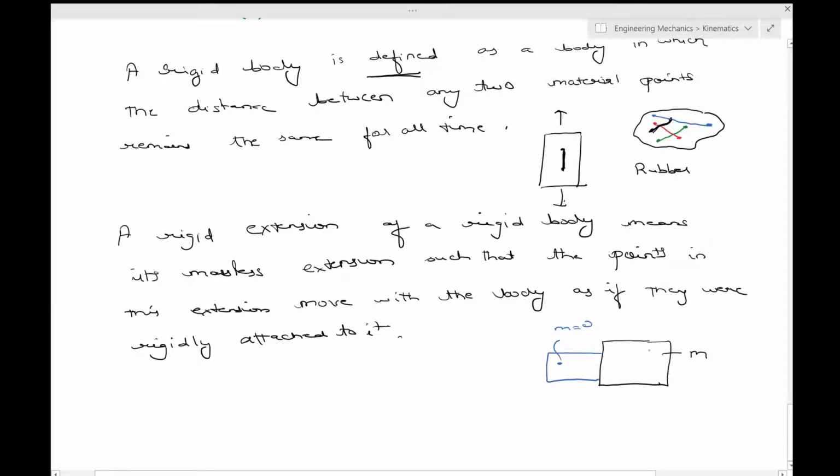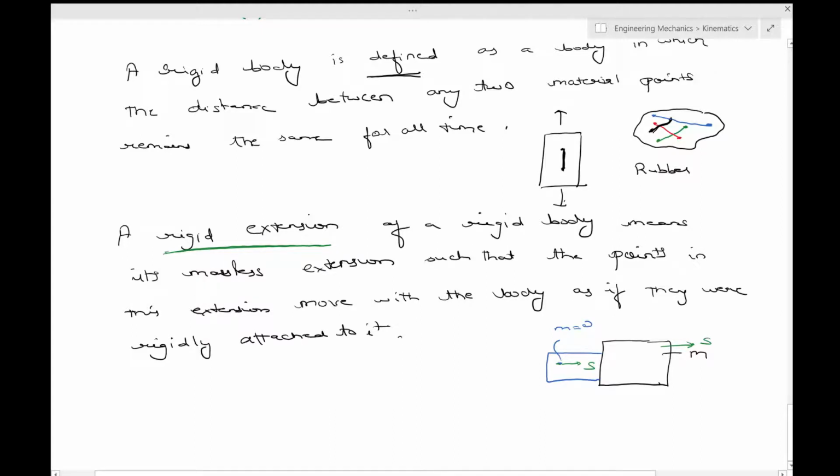So if this body is moving with a speed s in this direction, this will also be moving with the speed s. This is a concept which will be used to solve some of the more complicated problems in mechanics. So the idea of this rigid extension should be clear to you.